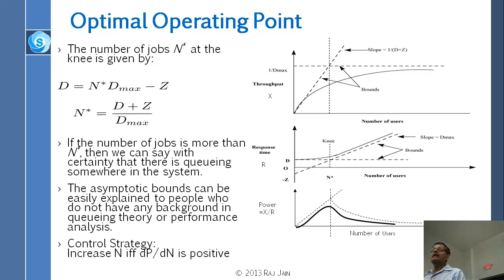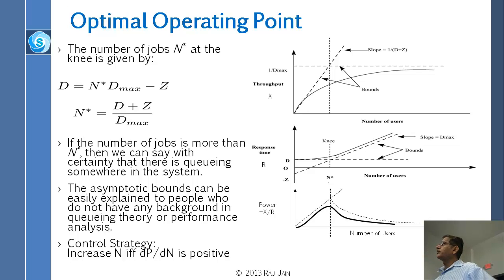Why? Because you are wasting your people's time. The response time goes up. You want to get the minimum response time and the maximum throughput, and that happens only at the knee. So what you want to do is get to the knee, and you can get that by setting the two terms you had before in the two asymptotic bounds equal.